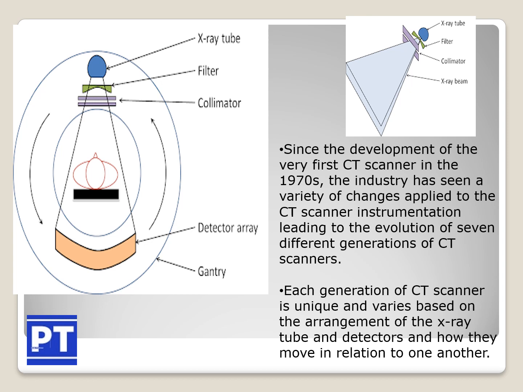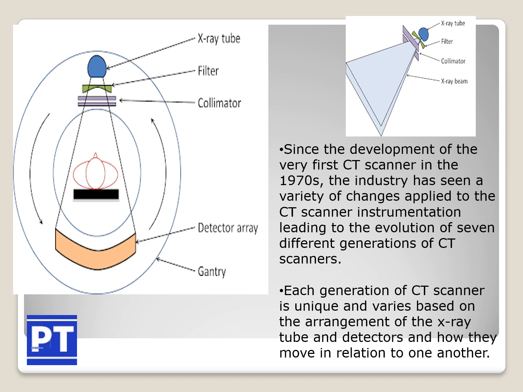Then you can see the collimators and detector array. All of these are components of a gantry. The X-ray tube, filter, collimator and detector array all come inside a gantry.